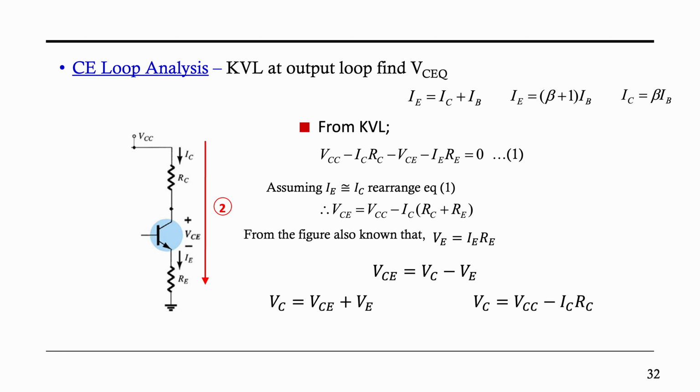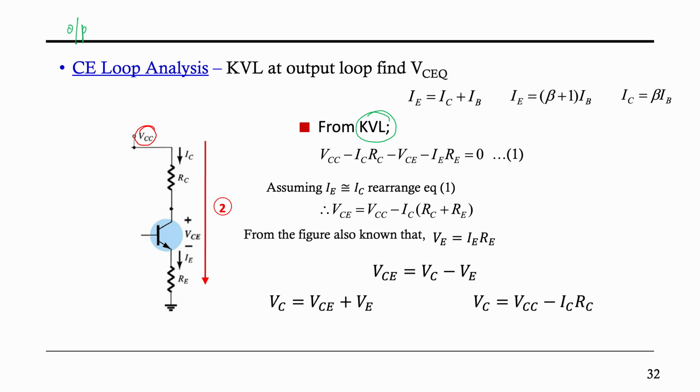Next, let's go to the CE loop, which is the output loop analysis. How do we analyze the output loop? First of all, we need to perform the KVL. Always start your calculation with the KVL. We have a voltage source here, VCC.